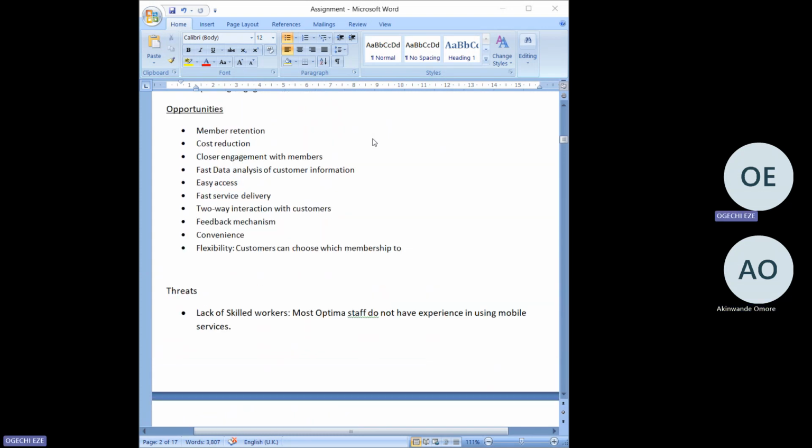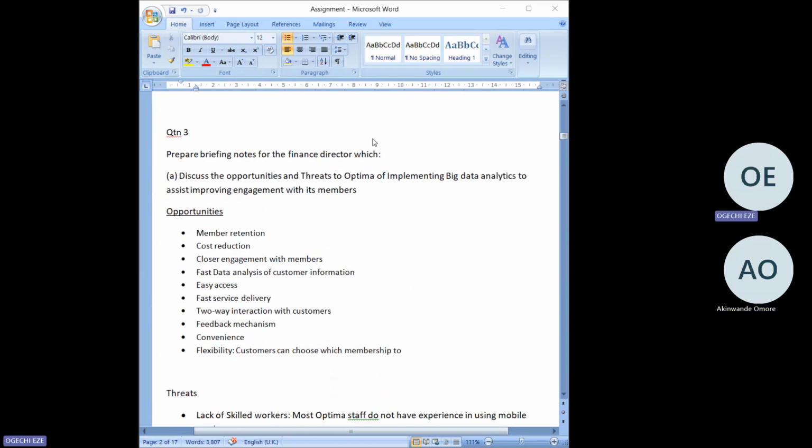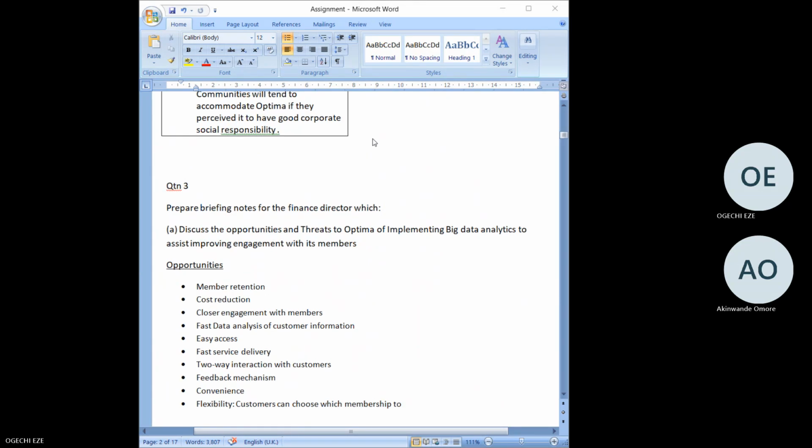Explain the answer. One of the opportunities is... I don't know whether I'm misunderstanding the question. The opportunity is different from advantage, right? Yes.